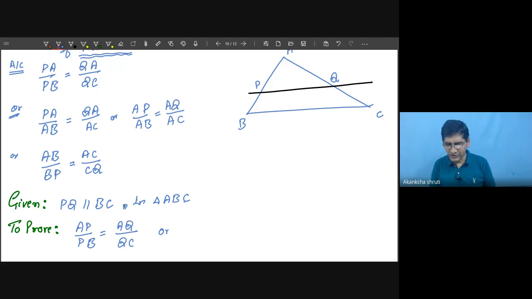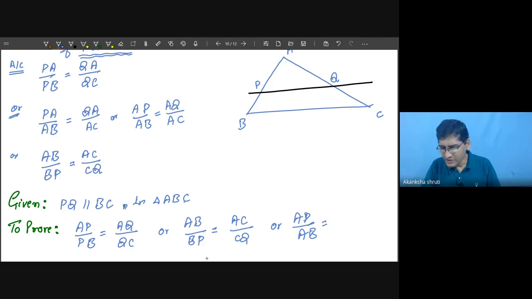The other derived ratio, say AB by BP, we may take AB by BP is the same as AC by CQ, or even we are also able to take like this, AP by AB equals AQ by AC. For side AB we have taken AP, so on side AC we have to take AQ by the bigger side length, means AC.